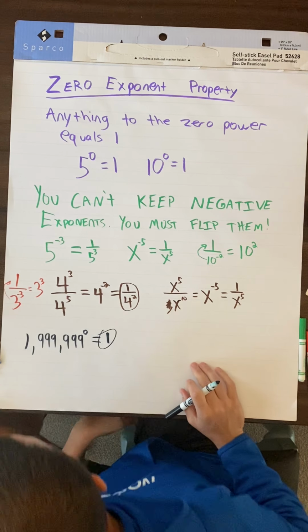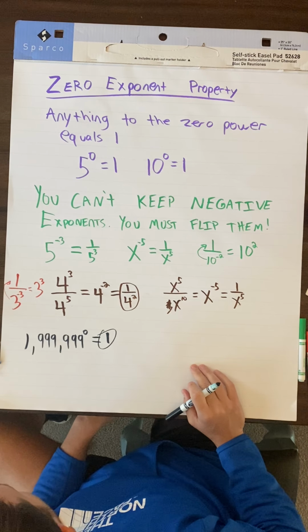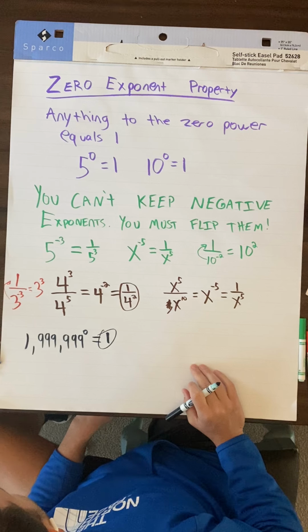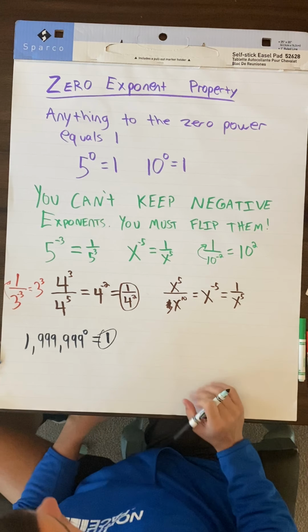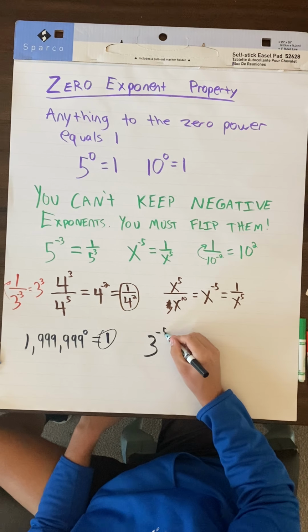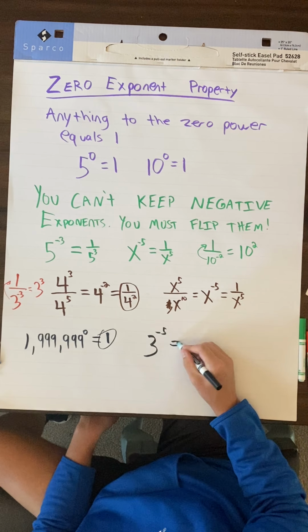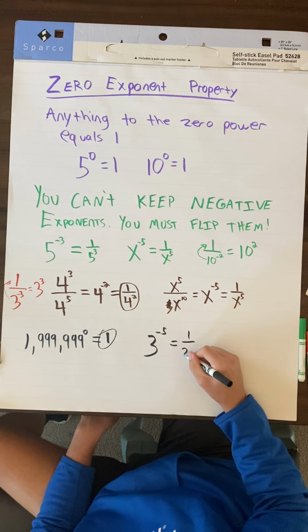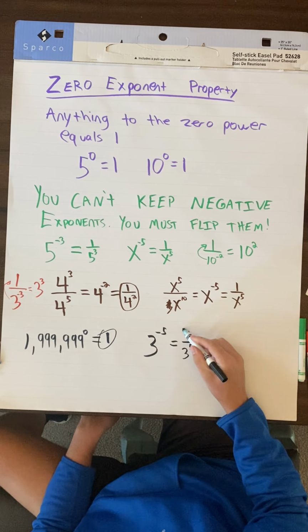Let me just make sure we have the right example here. All right, 3 to the negative 5th power. We just have to flip it, so it's 1 over 3 to the 5th power. That's your answer.